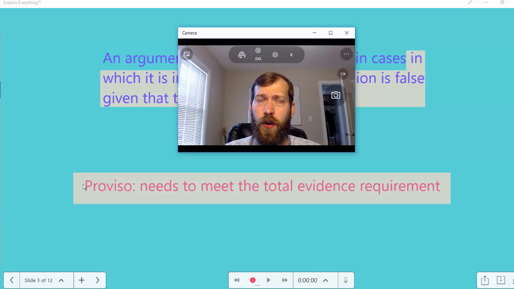So inductive arguments, presumably the reason why we get probabilistic results or reasoning out of inductive arguments is because we're not aware of all the factors. If we were God and we were omniscient and we knew everything, then all of our reasoning, well, we might not even have to reason, I guess, but all of our reasoning would be deductive, because all of our knowledge would be guaranteed.